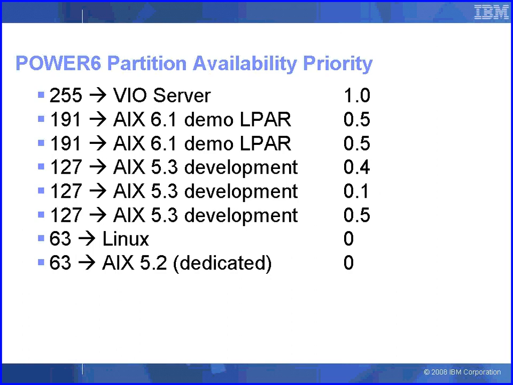So then we'd come back down to the bottom of the list and deallocate enough shared processor logical partitions to stop them and free up a CPU. And in this case, the 3 AIX 5.3 development partitions add up to a whole CPU, so those will get shut down, and the 2 CPUs will be used to run the VIO server and my 2 copies of AIX6, which is exactly what I want to run because I might have been running a demo at the time.